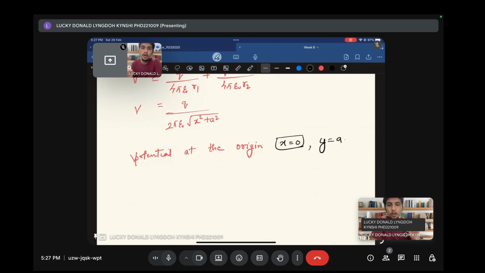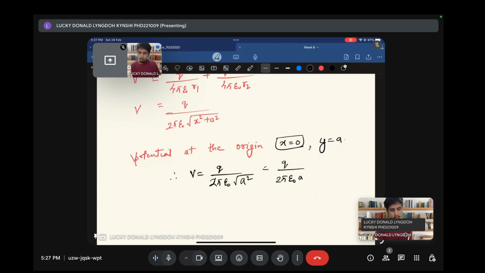So you are going to find out the potential at the origin where x is equal to 0. Therefore, your potential is equal to q divided by 2 pi epsilon naught. Instead of x square plus a square, you will simply get a square, which is equal to q divided by 2 pi epsilon naught a.